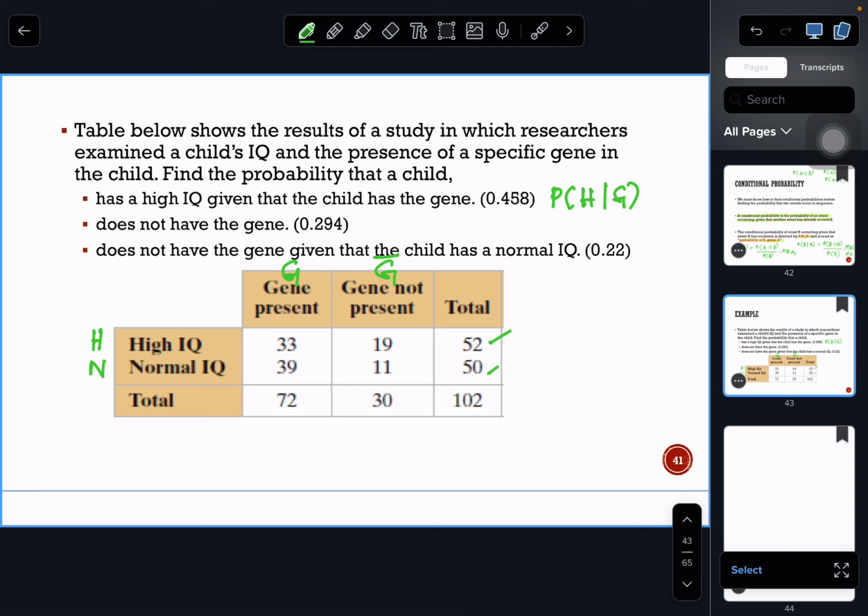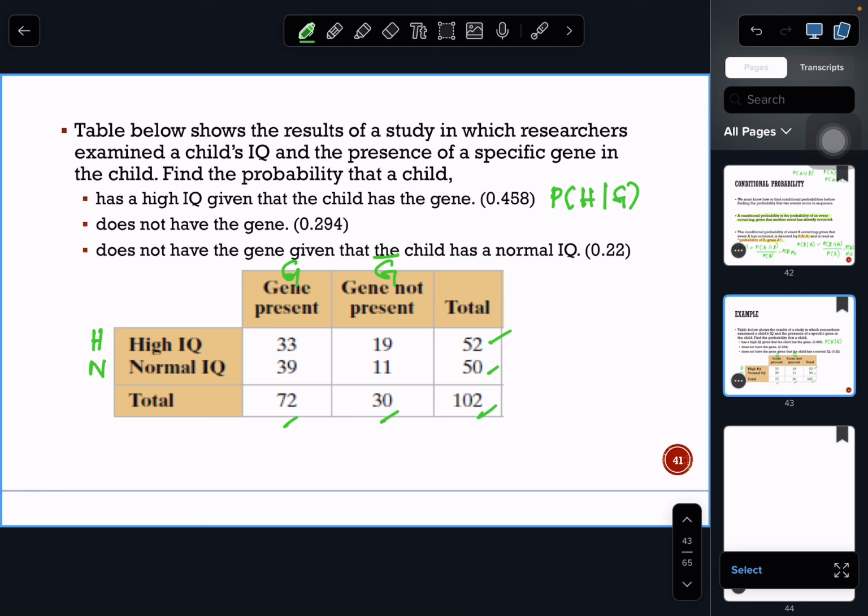Children with normal IQ. What is 72? Children with the gene present, either high IQ or normal IQ, we don't know. 30? Gene does not present. So we know the numbers outside here. And what is 102? Total number of children.